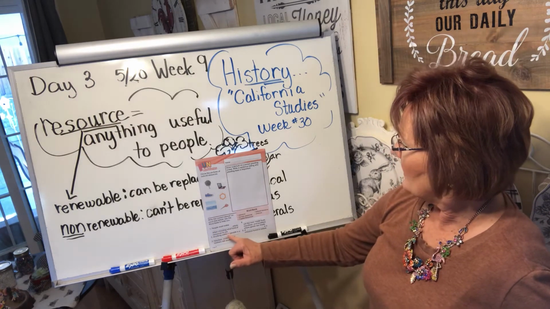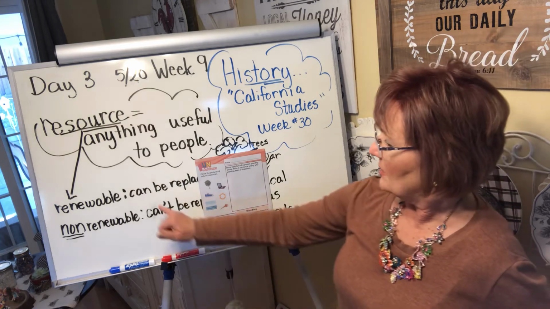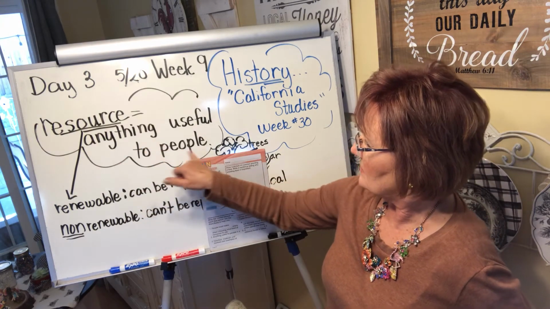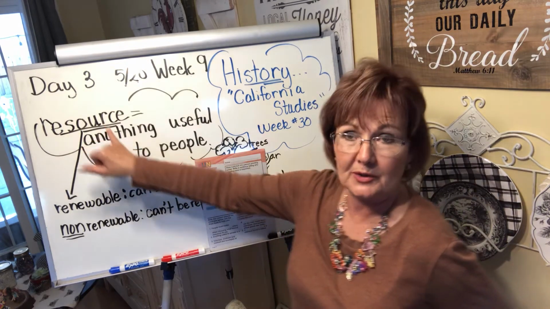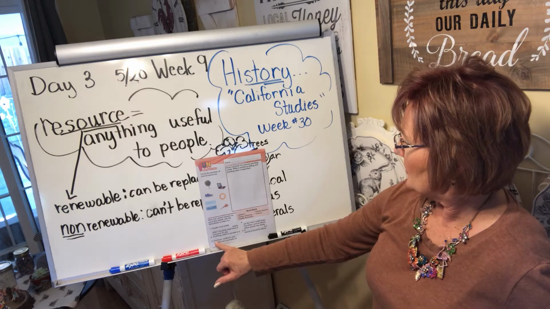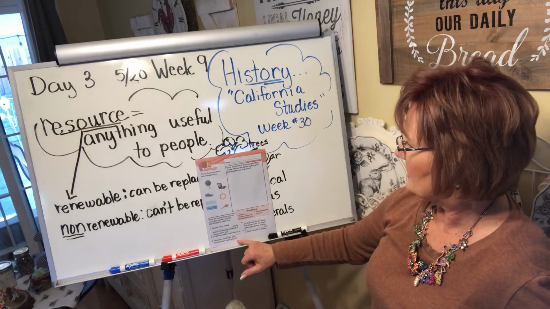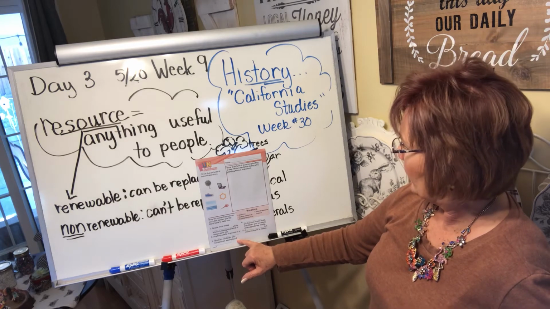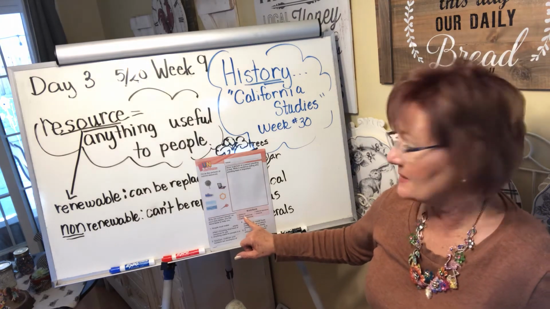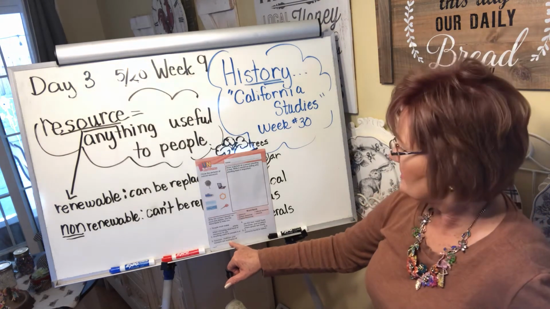Number 2, anything useful to people. Anything useful to people, right? Anything useful to people is a resource. You got it. That would be number 2. Number 3, teachers, mailmen, and bankers are examples of, well, those are human beings, aren't they? So that would be human resources. We are human resources.